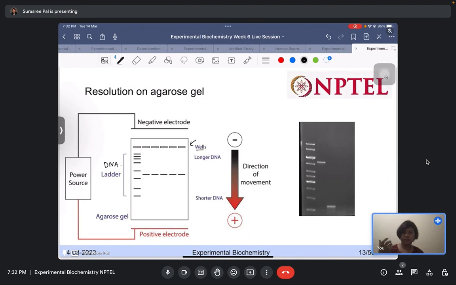We run the DNA ladder on the gel, and on other wells we add our samples. When we are adding our samples, we also add this dye similar to our SDS page. We also add this bromophenol blue here to track the migration of the gel. So this is the tracking dye again.